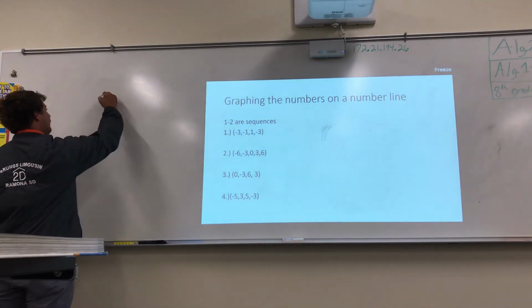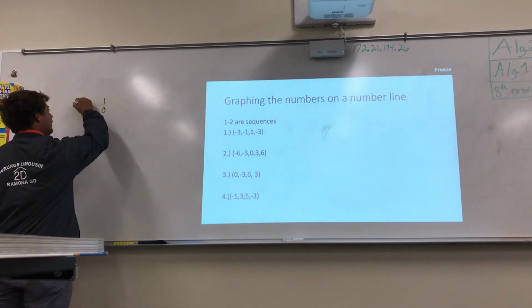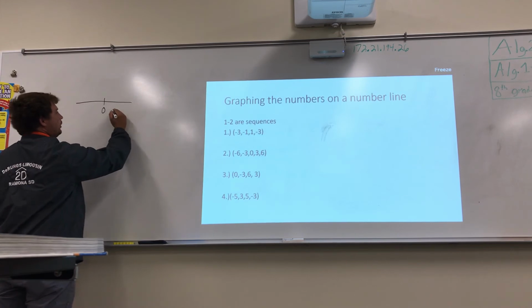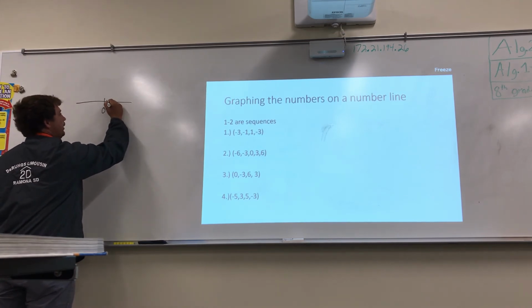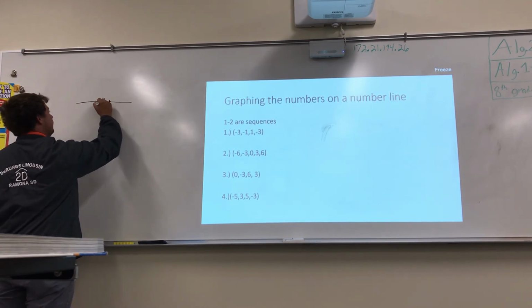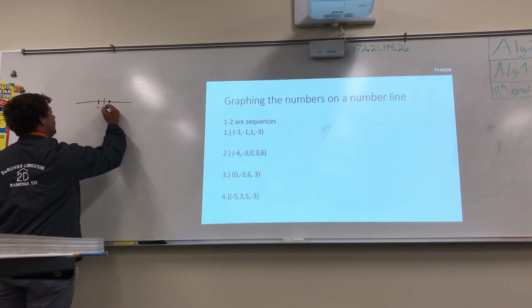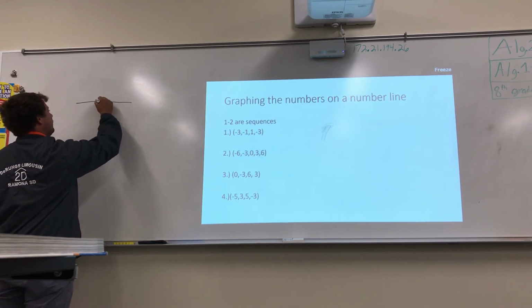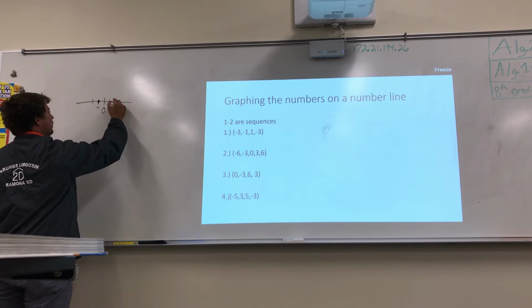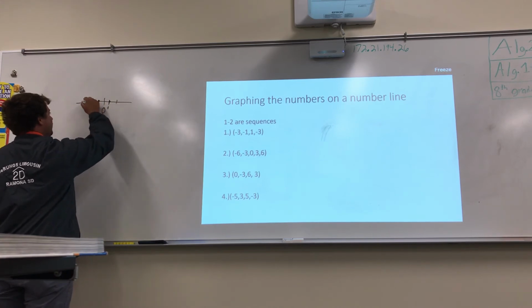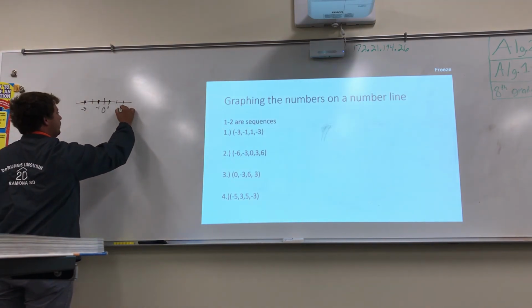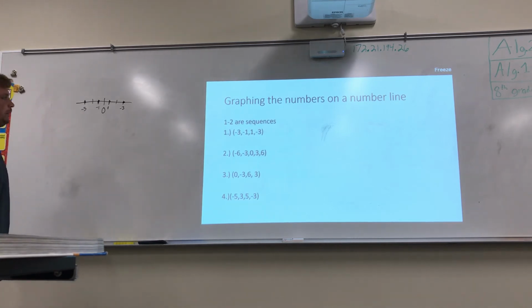So obviously we're going to start at 0, I think, in this situation, because we're going to go on both sides of it. 1, -1. The dot there. 1, 2, 3. Alright, that's -3. There it is. That's number 1.